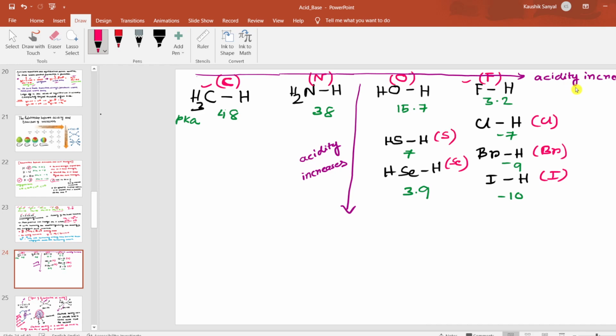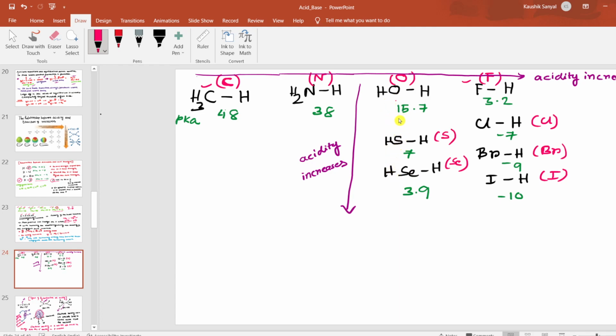The increase of the acidity is because of the stability of their conjugate base, as we go from left to right, the electronegativity of the atom, from carbon to fluorine, increases. On the other hand, if we move from up to down in the periodic table, as we go from the water molecule to this molecule, the size increases.